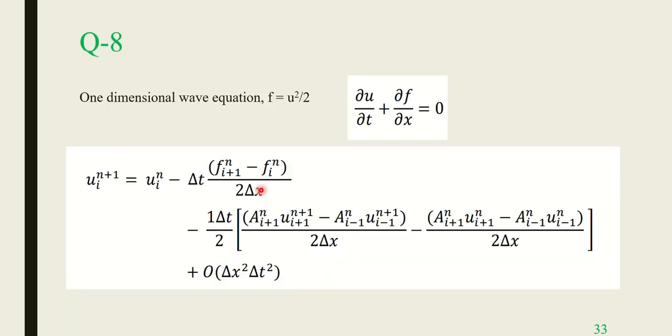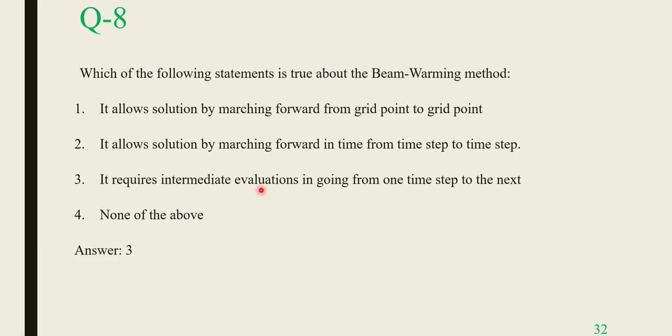Thereby we can see that it is an intermediate method. It is not going from grid point to grid point or one time step to another time step. It requires intermediate evaluations in going from one time step to the next. We are solving intermediate values also, and we are going by an implicit method rather than marching from one grid point or one time step to the next one.